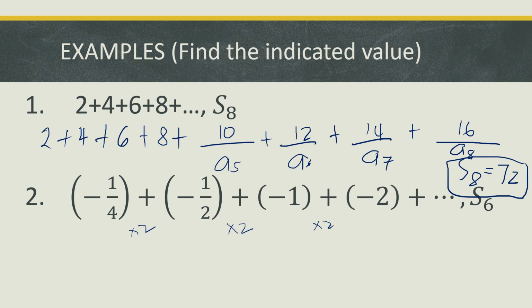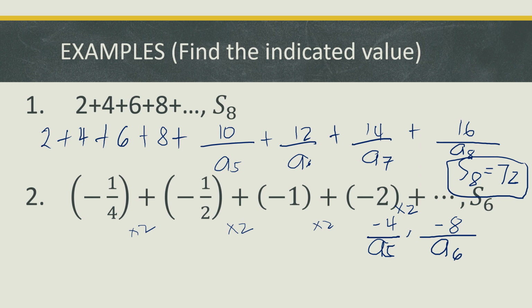So therefore, if we have to get a sub 5 and a sub 6, we will multiply by 2. Negative 2 times 2, we have negative 4. And negative 4 times 2 is negative 8. So now we are going to add all of it.